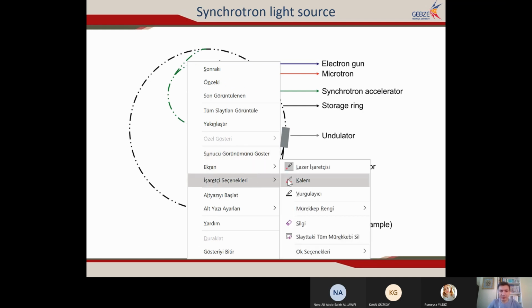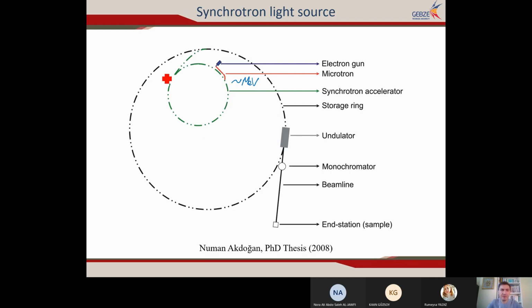Let me also write this one, generally around 3 giga-electron volts. So we inject electrons with energies of MeVs into this Synchrotron Accelerator, and then we continue to accelerate them up to energies of giga-electron volts. Now we have very energetic electrons, and their speed is close to the speed of light.